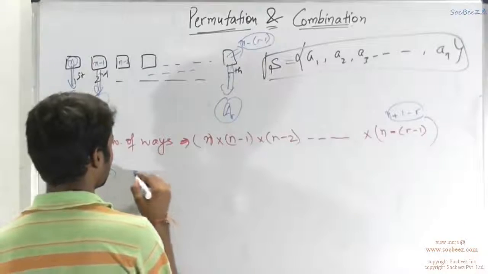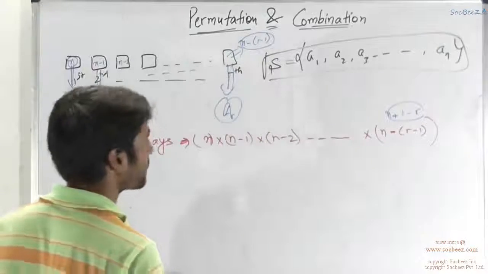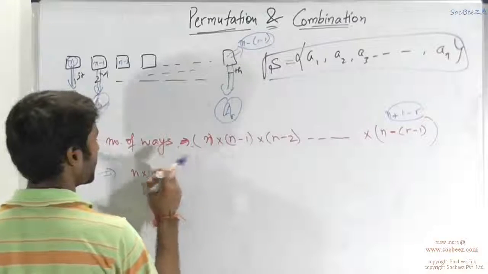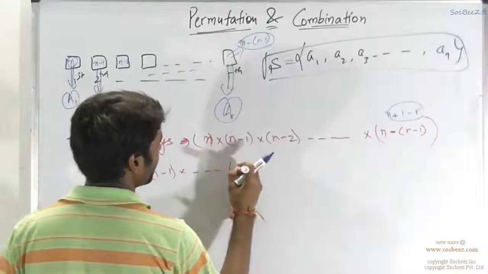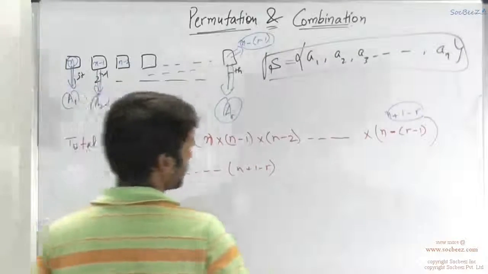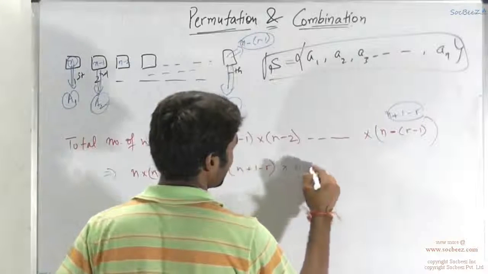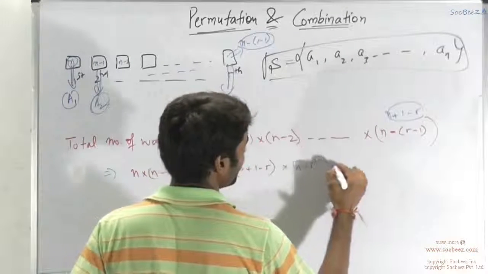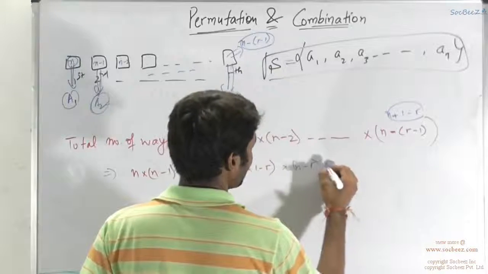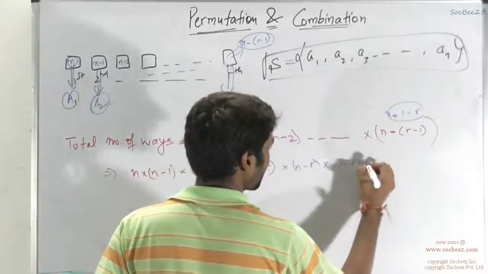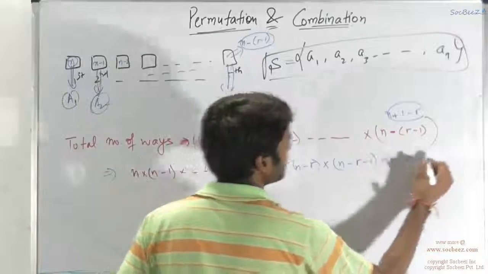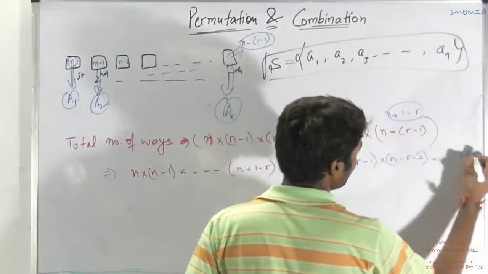So this was the expression over here: n into n minus 1 into, up to n plus 1 minus r. If I multiply it with n minus r, n minus r minus 1, n minus r minus 2, this continued till 2 into 1.